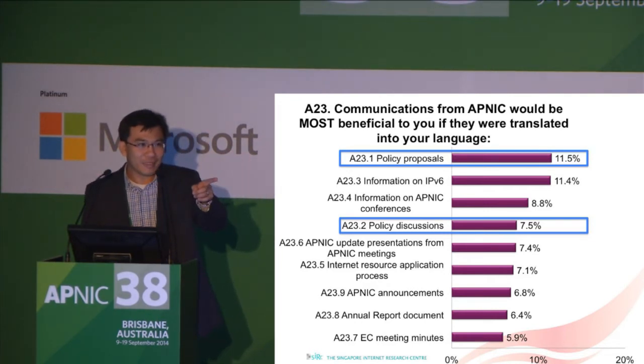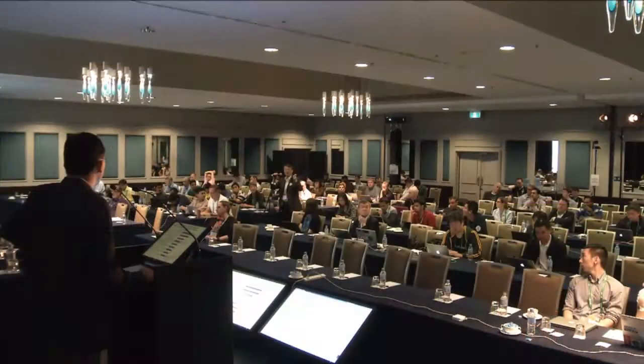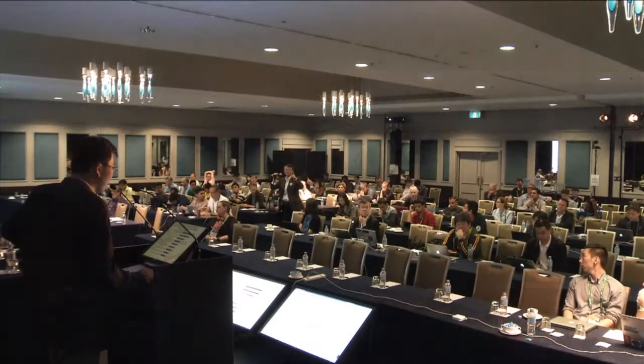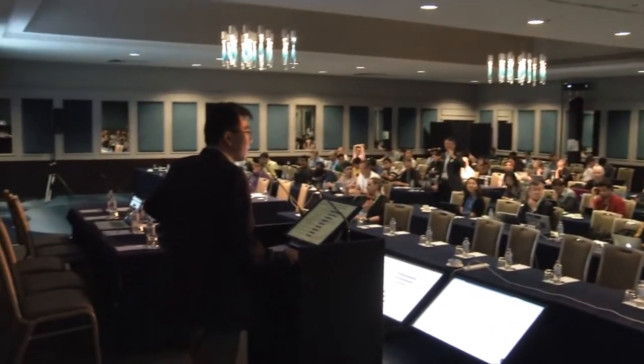I think, well, one second, I only have three more slides. Oh, you want to say something? Yeah, go ahead. Just a clarification question. My name is Tomohiro Fujisaki. Just for clarification, how many members answered this question? I want to know the total sample. Could you show me the previous slide? Next slide.